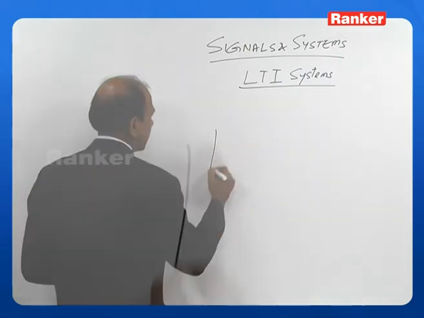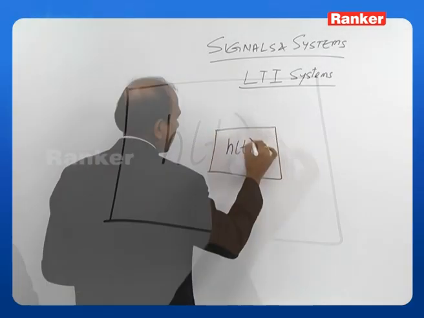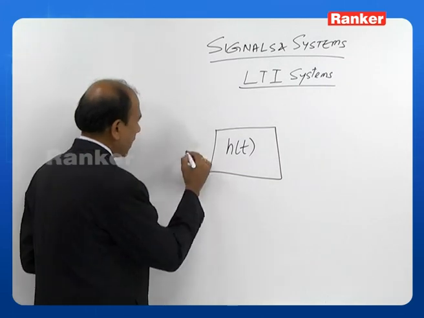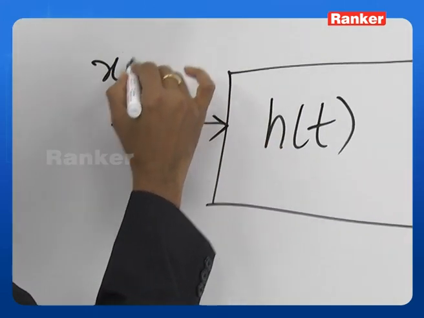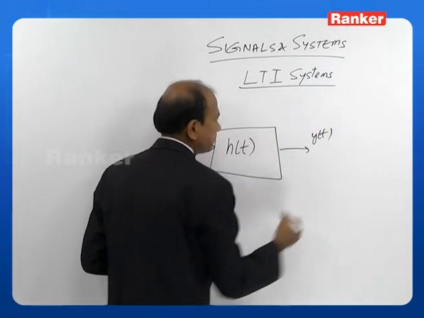Okay, this is our linear system. Let the system have a transfer function h of t. Let the input be x of t and the output be y of t.